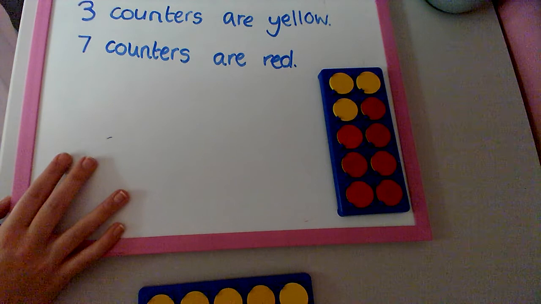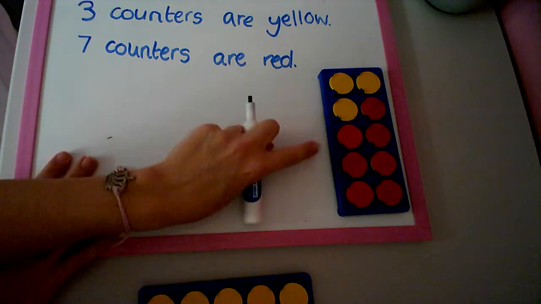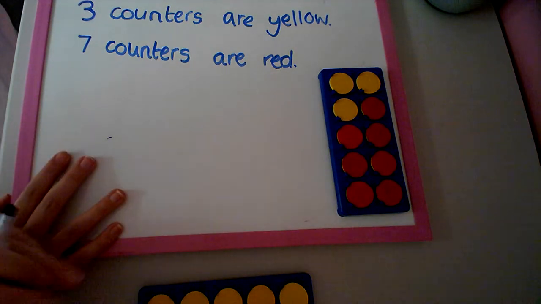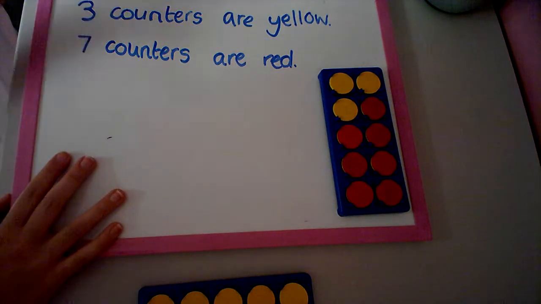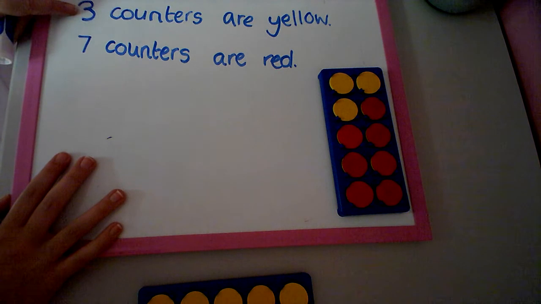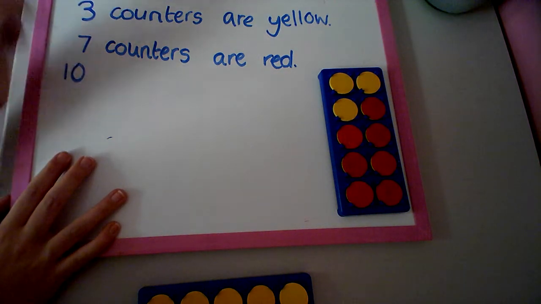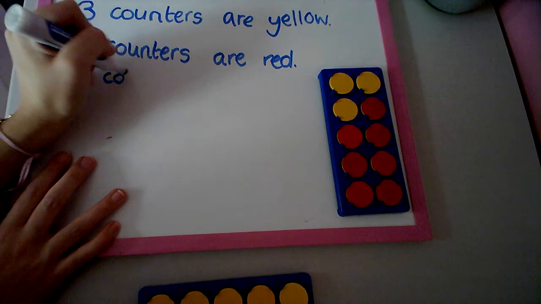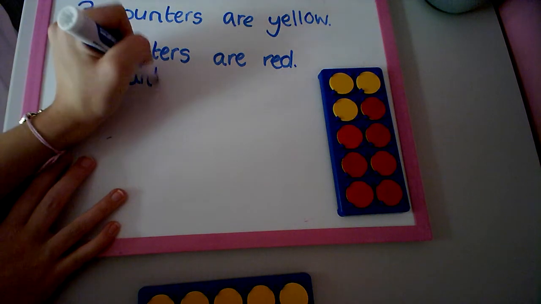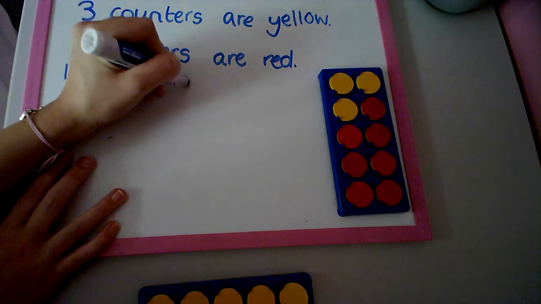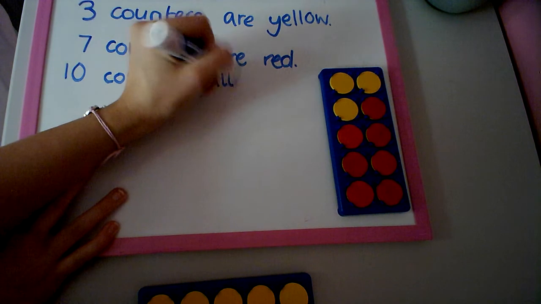So how many counters do we have altogether? Now remember, this is a tens frame, so we must have 10 counters altogether, because look, it's our number bond. 3 add 7 equals 10. So there are 10 counters altogether.